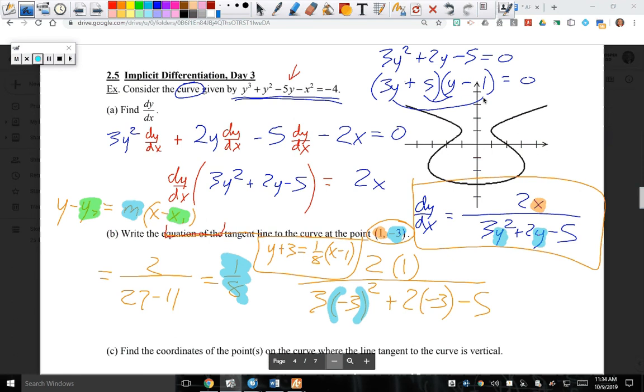So don't put up yet, please. Then we'll get y is equal to negative 5/3, and y is equal to 1. Those are the places where it could have a vertical tangent. You with me? But you have to plug these into the original equation where you see y and solve for x.